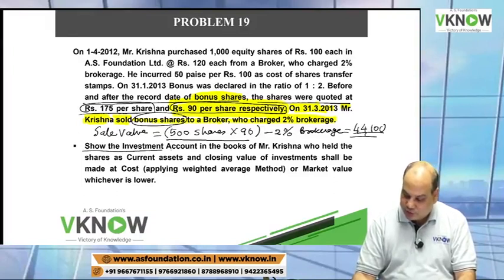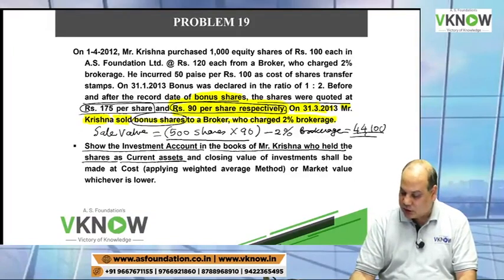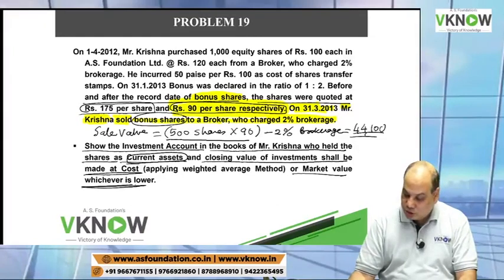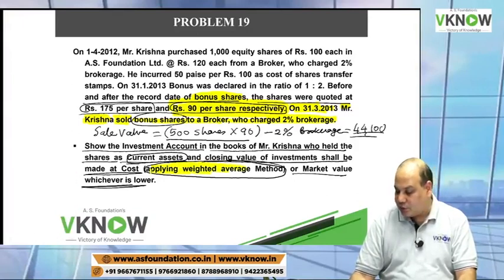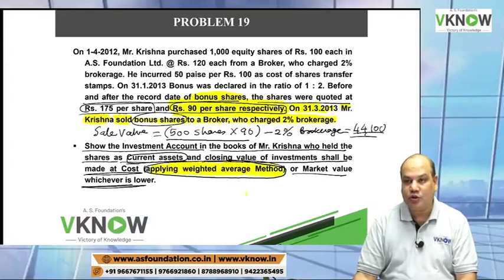Next line, show the investment account in the books of Krishna who held the shares as current asset, and closing investment shall be made at cost or market value, whichever is lower. In brackets they have written apply weighted average method for calculating the profit or loss and for calculating the closing stock.